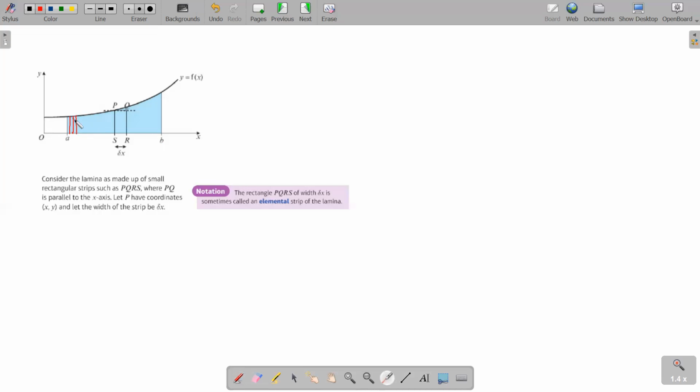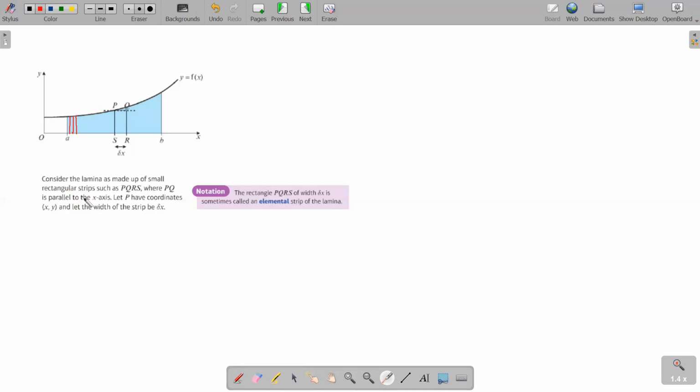So what's the advantage of cutting it into really small strips? Now over here, if you consider the whole shape, you don't have a proper name for this shape. But if you cut it so small, guys, what do you get here? We create small rectangular strips.